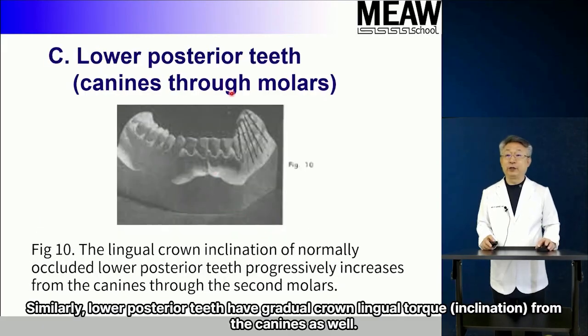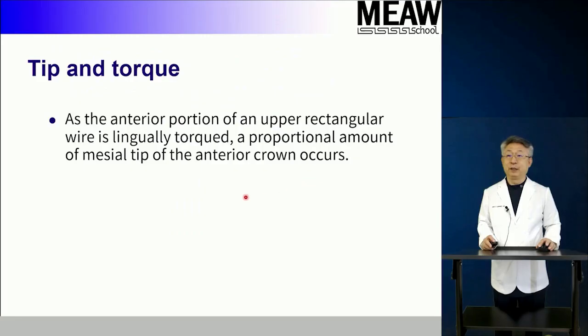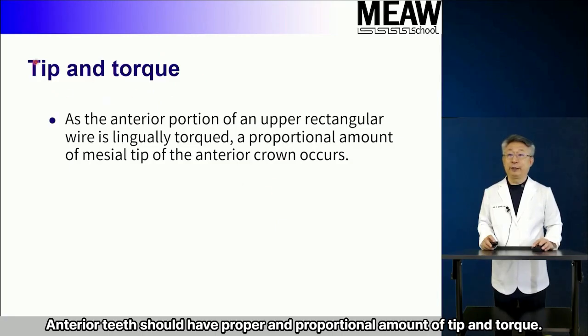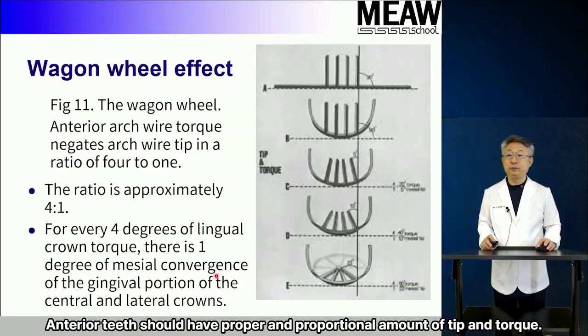Similarly, lower posterior teeth have gradual crown lingual torque inclination from the canines as well. As already mentioned, tip is the mesiodistal inclination, and torque is the labiolingual or buccolingual inclination. Anterior teeth should have proper and proportional amount of tip and torque.